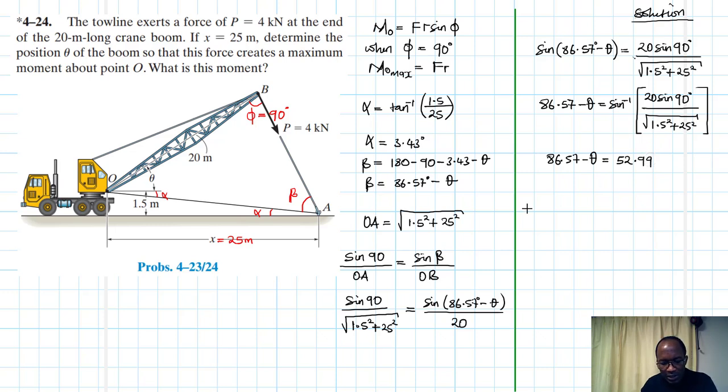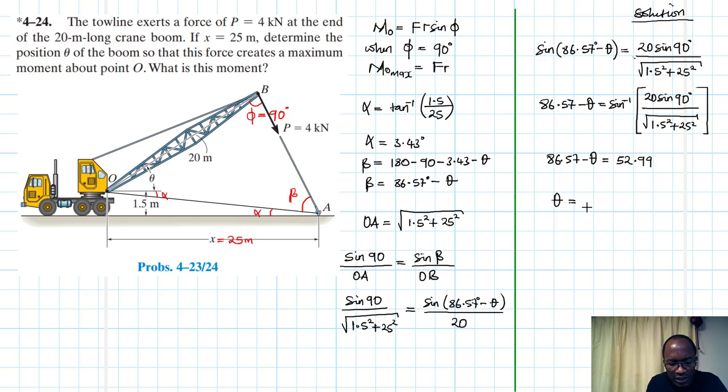Therefore, theta is equal to 86.57 minus 52.99.